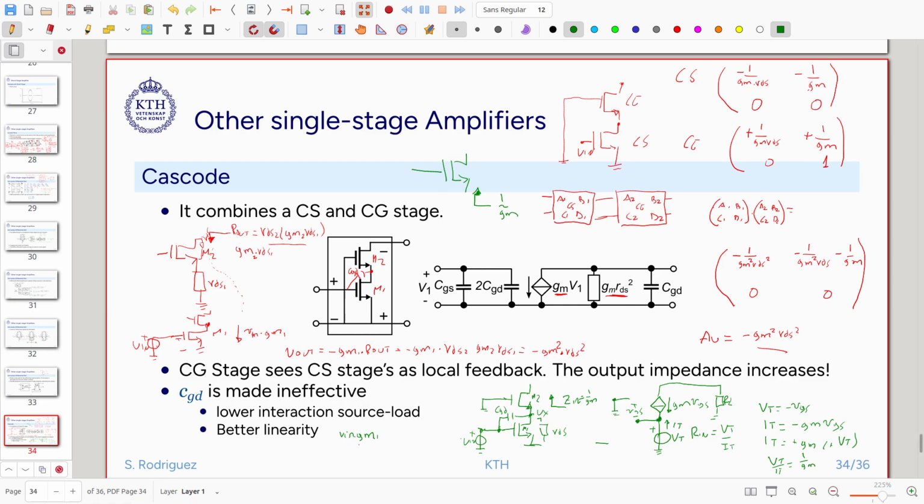Vin gets multiplied by gm1, we have this current here, and then this will get multiplied by all the impedance that we have at that node.